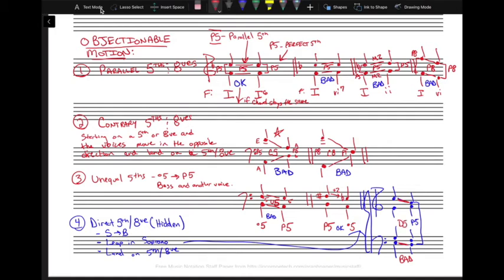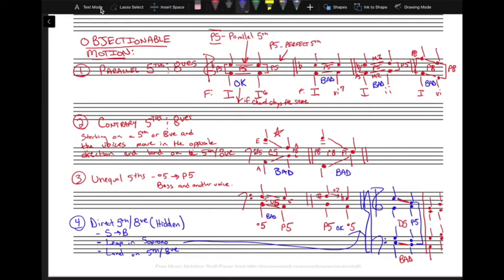The same thing can be done with octaves. So we have C to G in the bass. We'll put a G here and a B here. C to D and E to G. So again, you have a leap in the soprano.